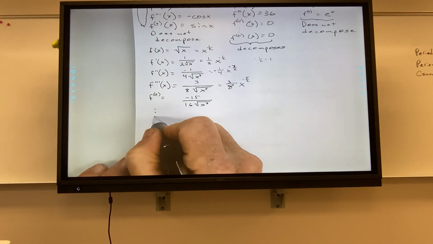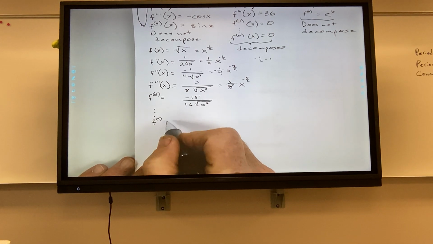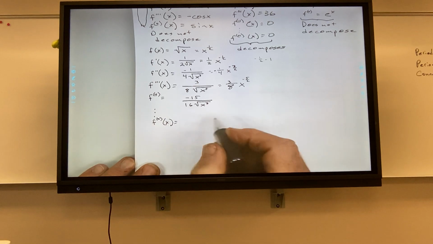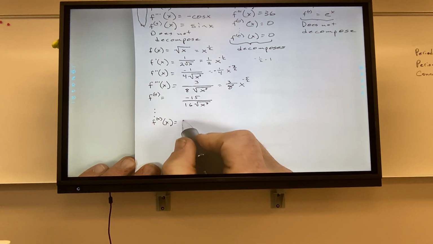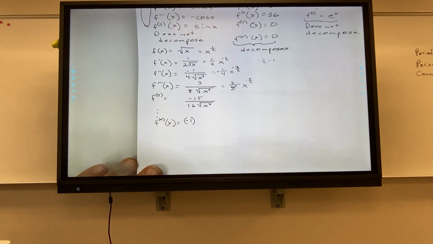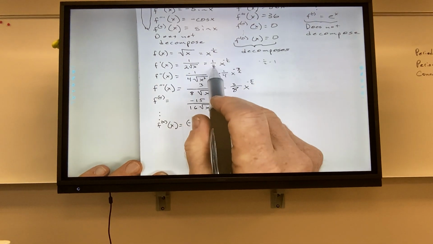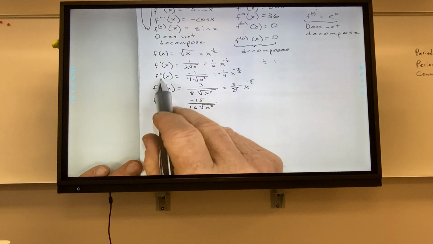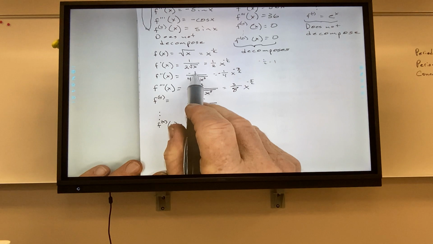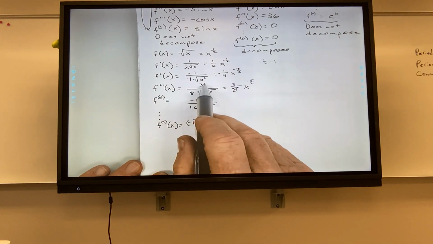Dot, dot, dot. F, the nth derivative. Well, it's a negative 1, correct? Here was the first derivative, it's positive. The second derivative, it's negative. The third derivative, it's positive.